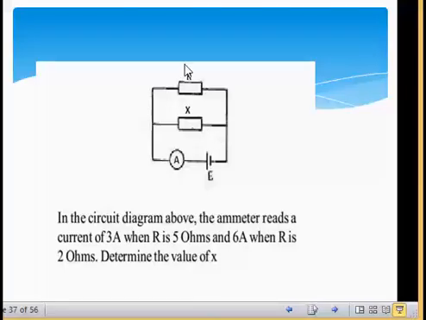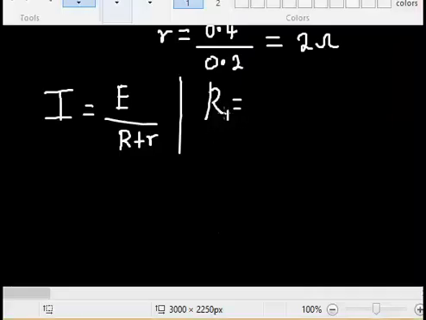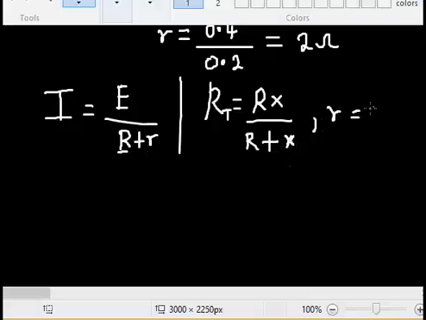I only have 2 external resistances connected in parallel. So the total resistance for that connection is, remember, product over sum, that's Rx divided by R plus x. So this is the total R. And of course the internal resistance is 0.